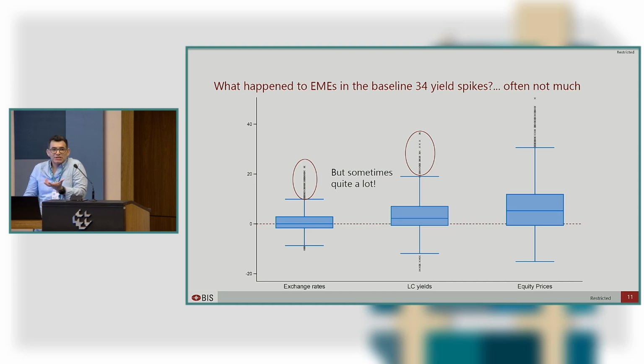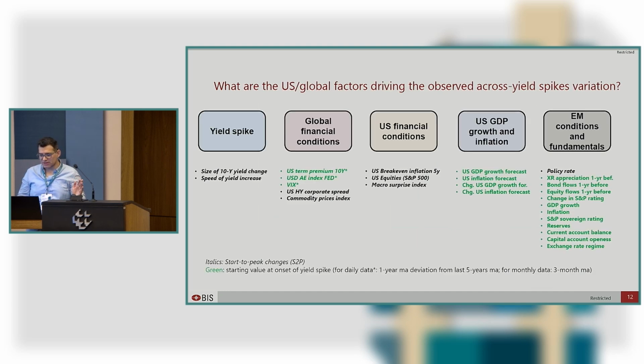And basically what we try to do in this paper is to ask what are the different factors that may correlate with these negative events in the cross-section of these yield spikes. We're going to look at a wide number of candidate variables that may explain those negative outcomes. We're going to look at characteristics of the yield spike, the size of the change in the yields, the speed of the yield increase.